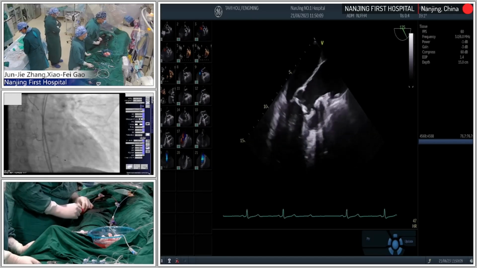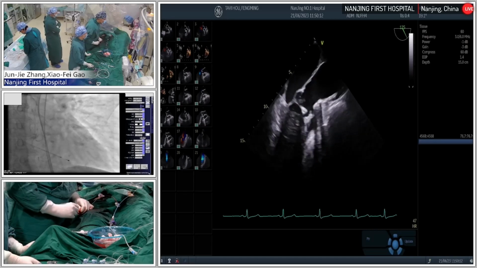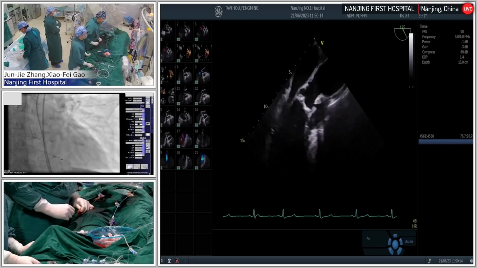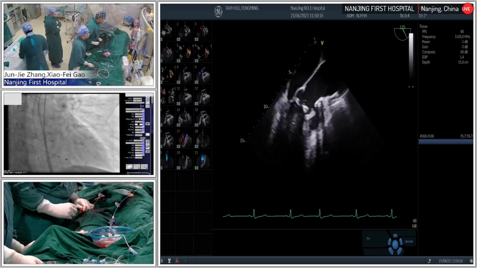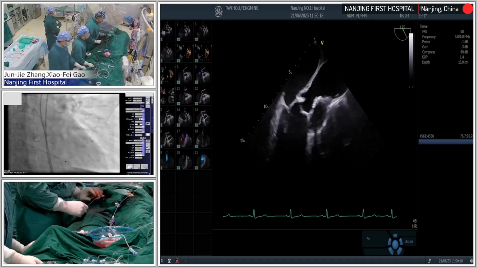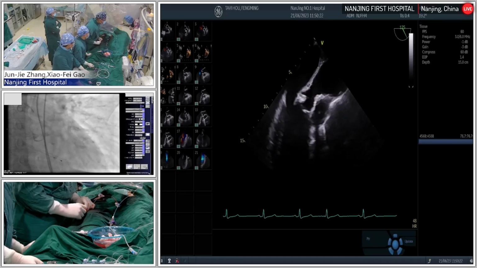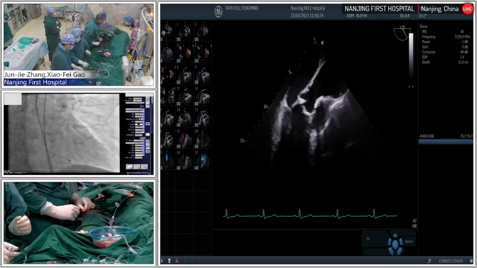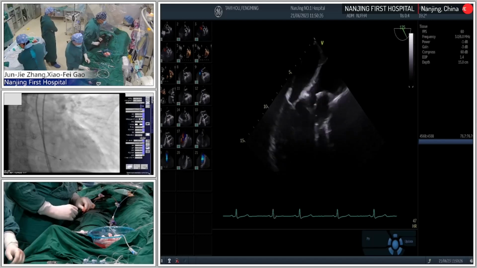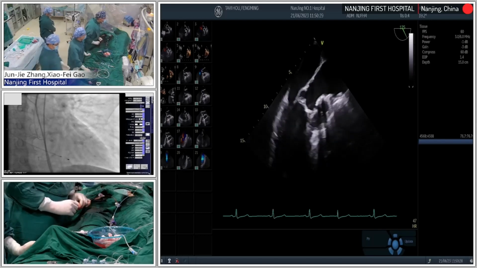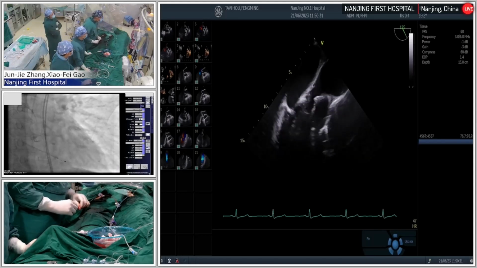Okay. And do you have any suggestions or parameters for predicting the adverse events after the TAVI procedure? The PVR or the right heart failure, function, and other parameters. What's your suggestion?